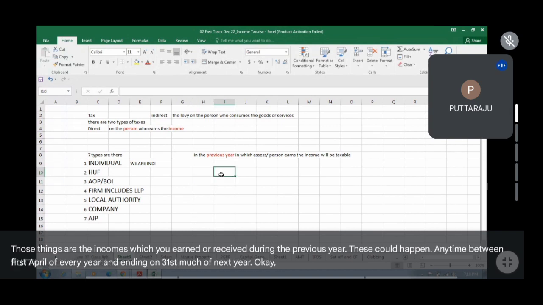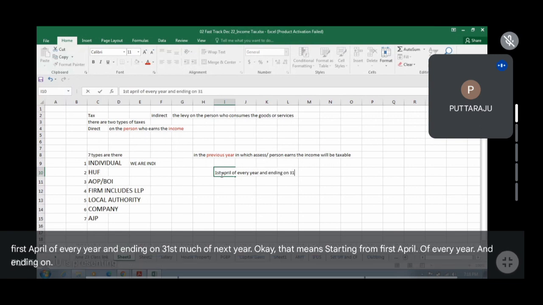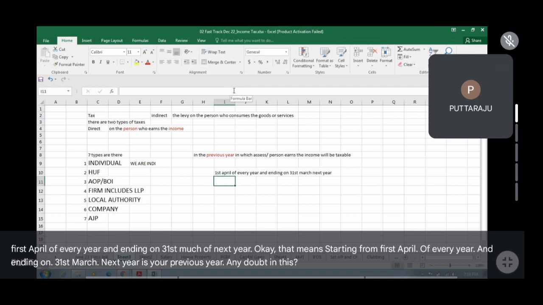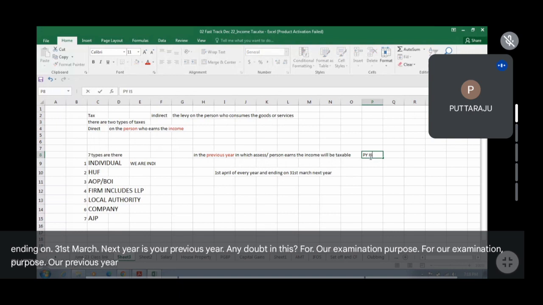That means starting from 1st April of every year and ending on 31st March next year is your previous year. Any doubt in this? For our examination purpose, our previous year is 22-23. What is our previous year?